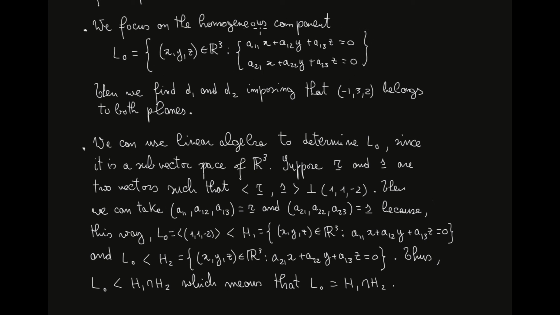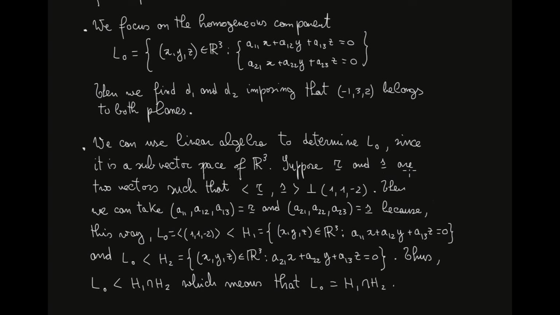But then L naught is exactly the intersection, simply because the intersection of H1 and H2, assuming that R and S are linearly independent. So there is this condition missing in the statement.